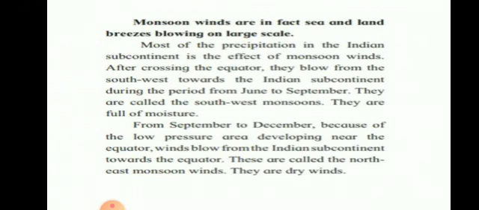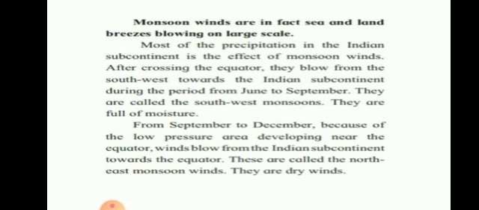Page number 27. Monsoon winds are in fact sea and land breezes blowing on a large scale. Most of the precipitation, that means all forms of water, rain or snowfall, in the Indian subcontinent is the effect of monsoon winds.